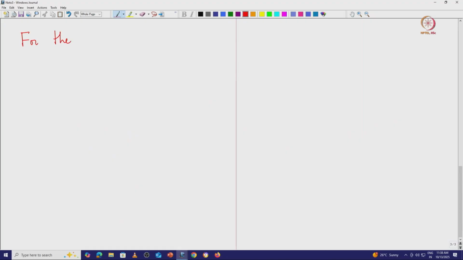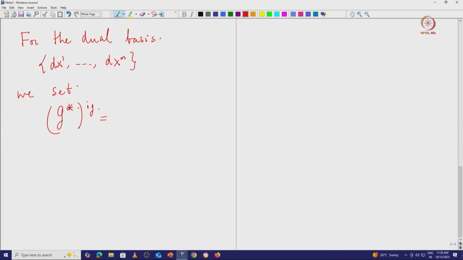So for the dual basis dx1 up to dxn, we define G star upper ij.